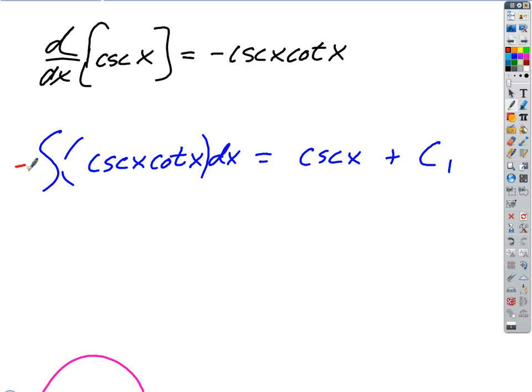Yeah, multiply or divide both sides by -1, right? And that just moves it over here. I'd have to distribute it, though, to this part right here. So -C1, we'll just call C. How's that sound? They're just constants anyway, right? We don't know what they are. And so that's our antiderivative rule, right?